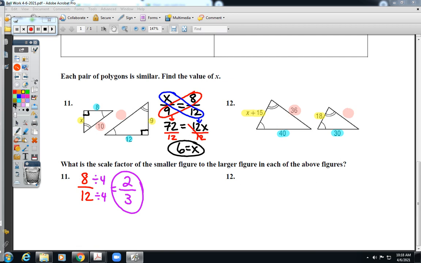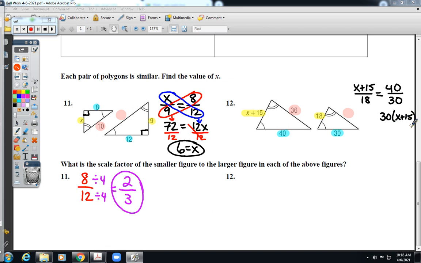So our proportion would be x plus 15 is to 18 as 40 is to 30. Then we cross multiply and solve for x. When we cross multiply, I told you when we did this before that I wanted you to write this out and then distribute.